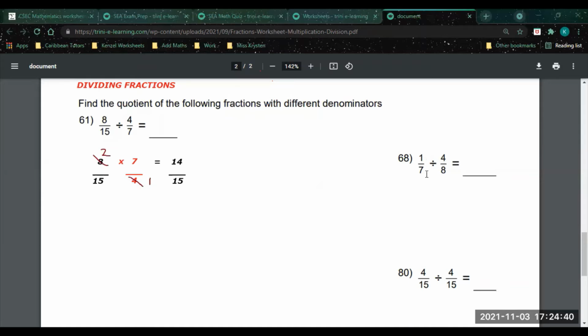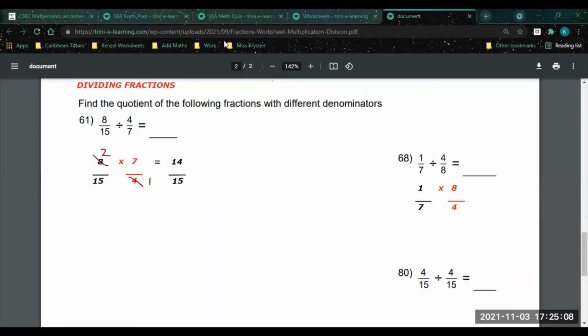So 1 over 7 divided by 4 over 8. Again, the same rule. You leave this side here, and then you change the division sign to a multiplication sign. So 4 over 8 flipped is 8 over 4. And then you go ahead and reduce.